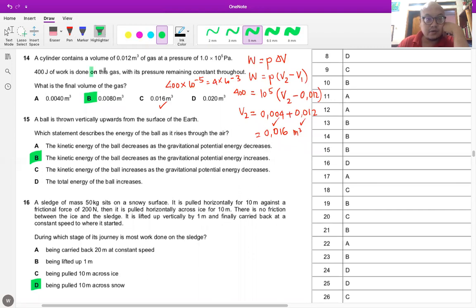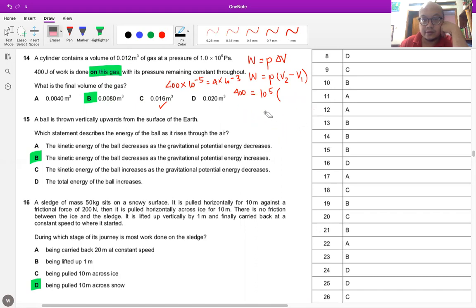In this case, I changed this one about volume. I changed this one.